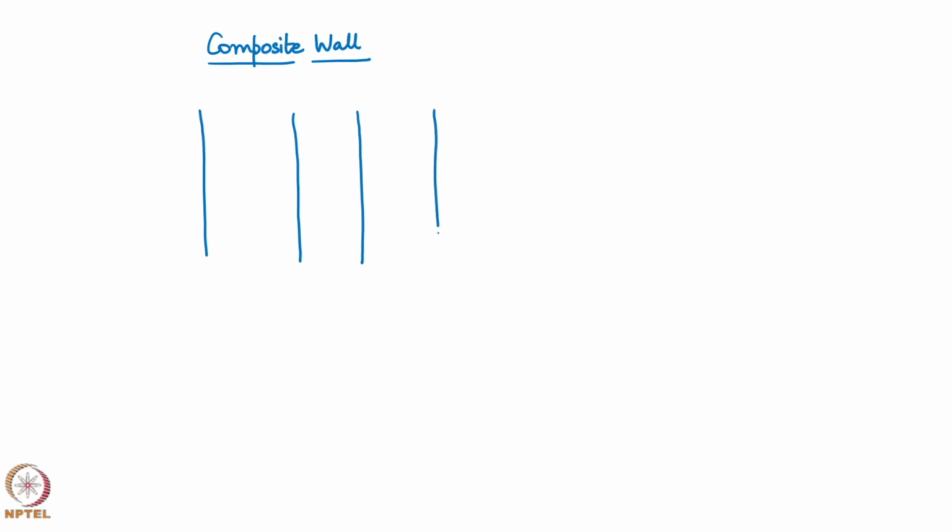A composite wall basically refers to a wall with multiple media or materials. So, let us take a look. This is one, second material, and let us say I have a third material which is this.